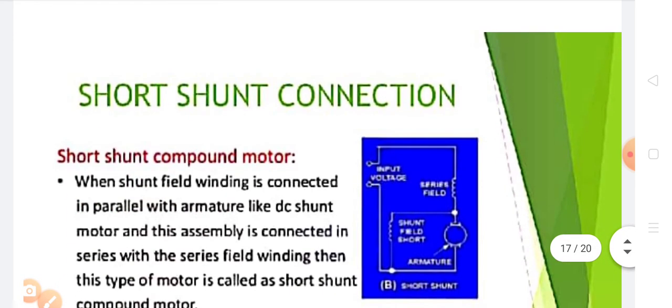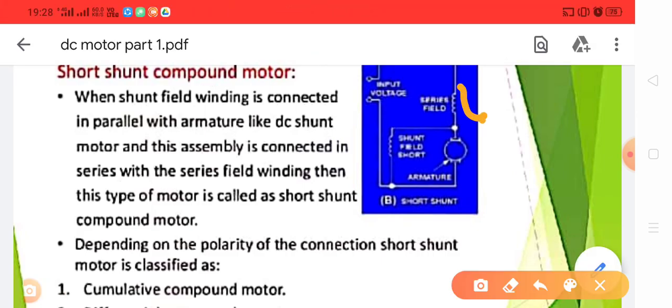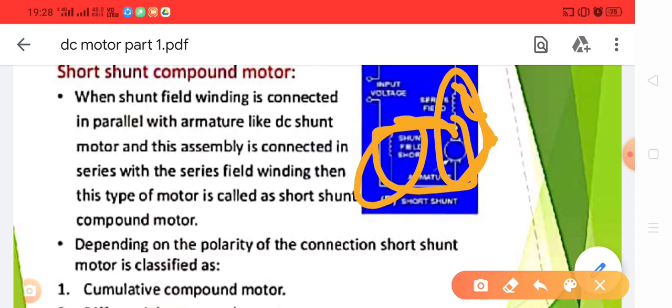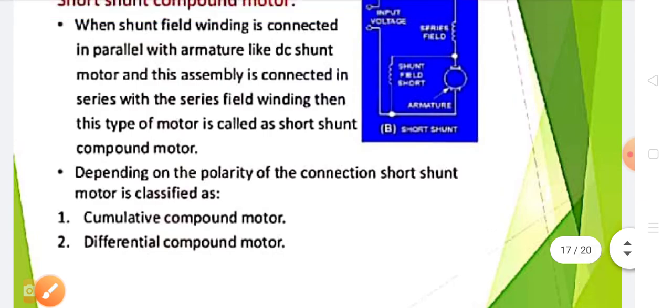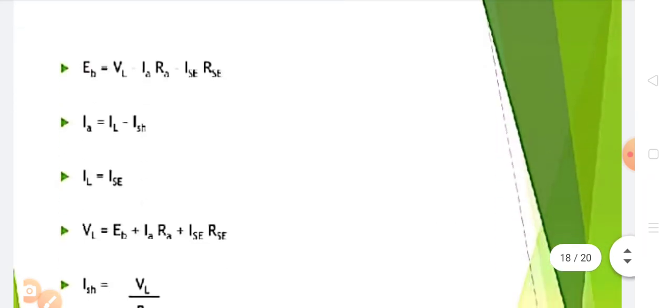In the short shunt, one series field and the armature are connected in series. The shunt field is connected only across the armature. So the length is less, which is why it is called a short shunt compound motor. Based upon the flux direction, it is a cumulative or differential machine.